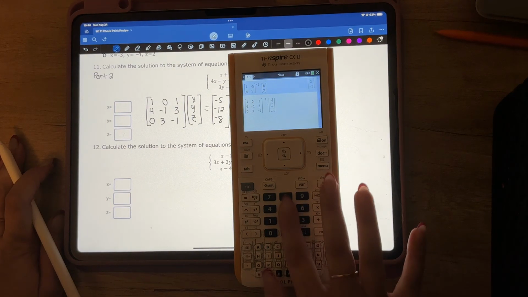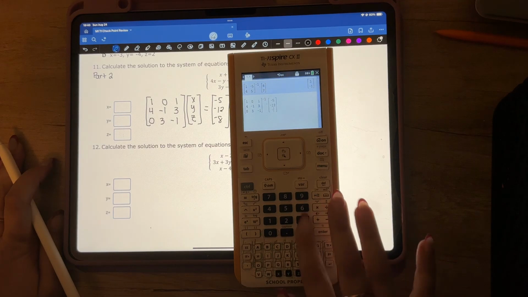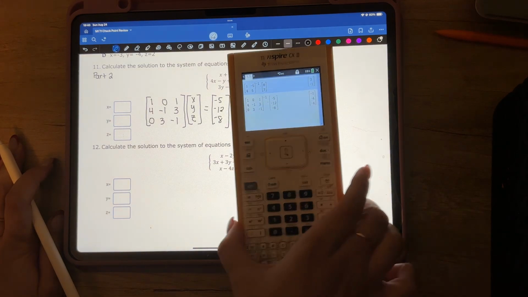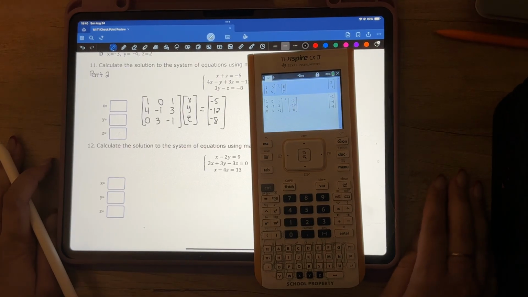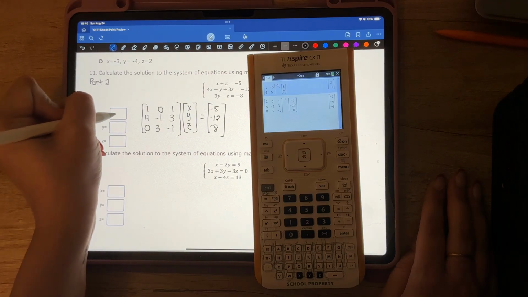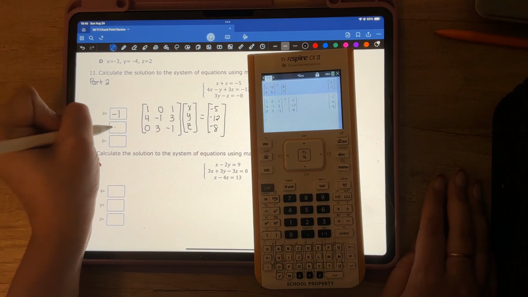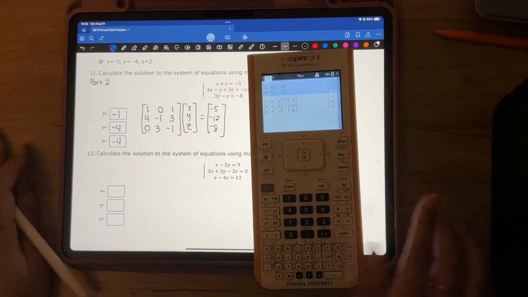So I have -5, -12, and -8. Press enter. So there is my x, my y, and my z. So I have -1 for x, -4 for y, and -4 for z.